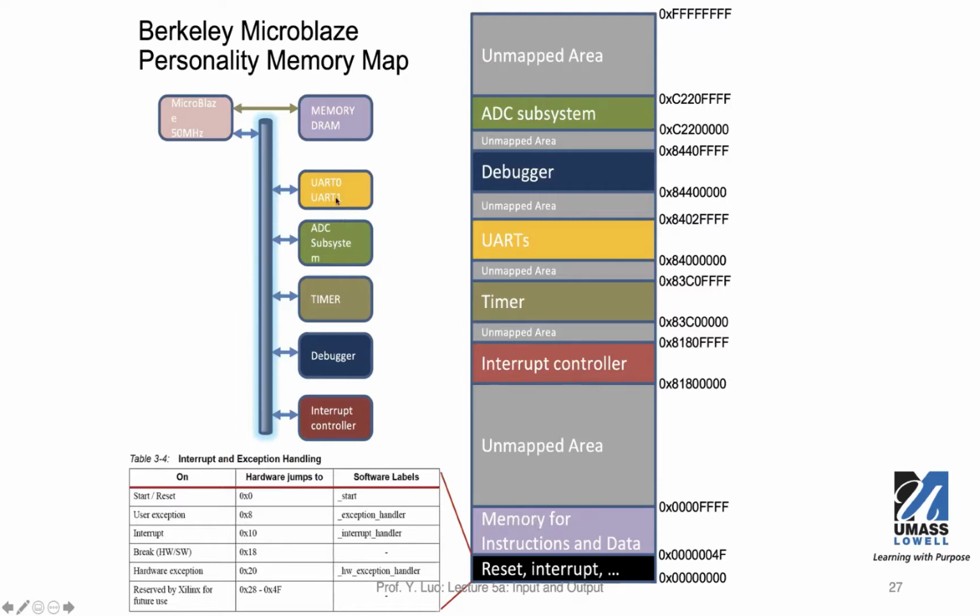If you want to operate on the UART microcontrollers, you will find the controller and its internal control registers using this memory range, from 840000 to FFF. Timer registers are mapped in this region, and you can find other resources, the interrupt controller, in this region here.